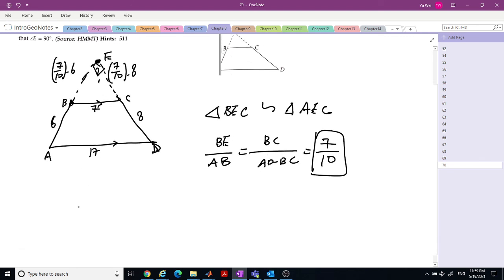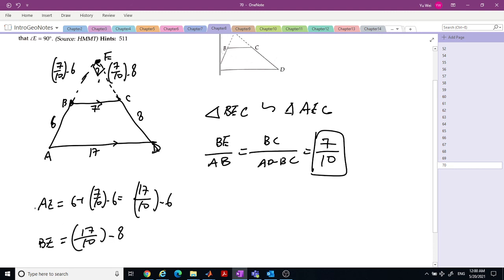Now let's see, AE is 6 plus 7 over 10 times 6, so it's 17 over 10 times 6. Then DE will be 17 over 10 times 8.